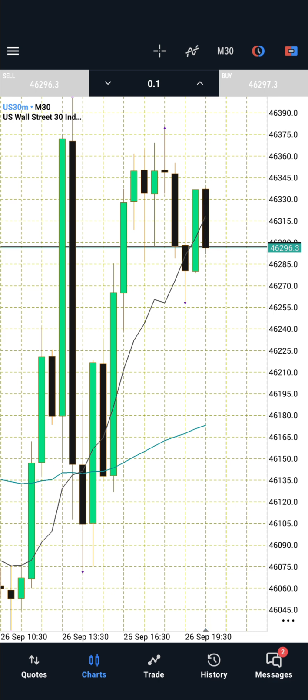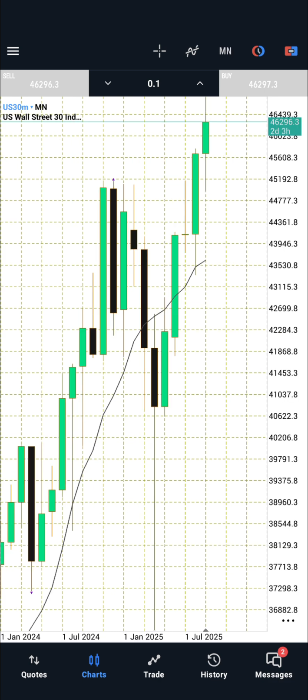So let's do a proper analysis to know what is likely to happen for the week on US30. Firstly, we have to go to the monthly time frame to actually see what has been going on, months in, months out.